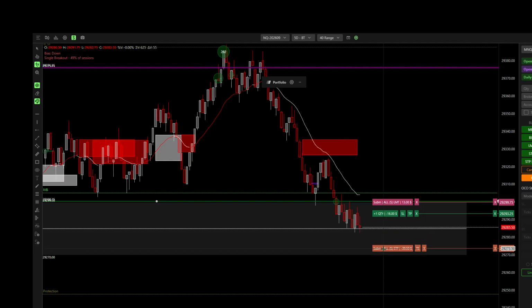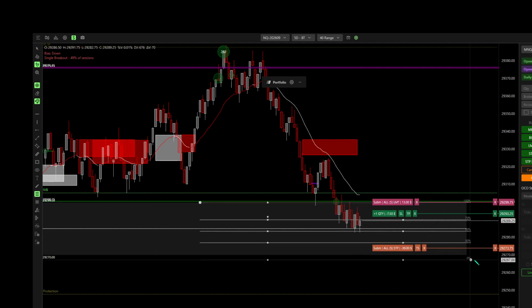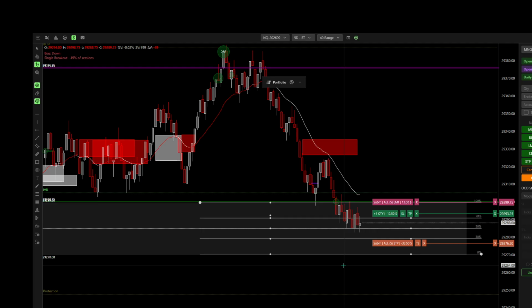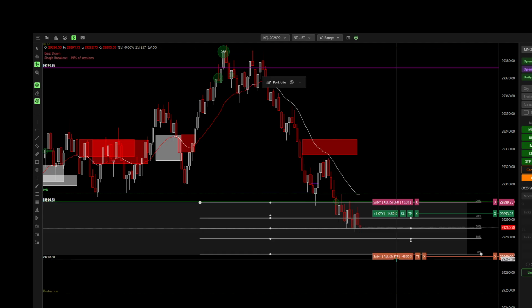And sometimes it retraces into 70%. Okay, so the safe entry is 70%, but it doesn't get there all the time. With the stop behind the range.